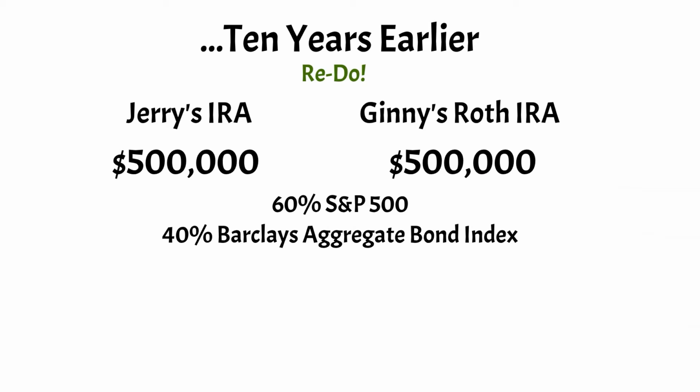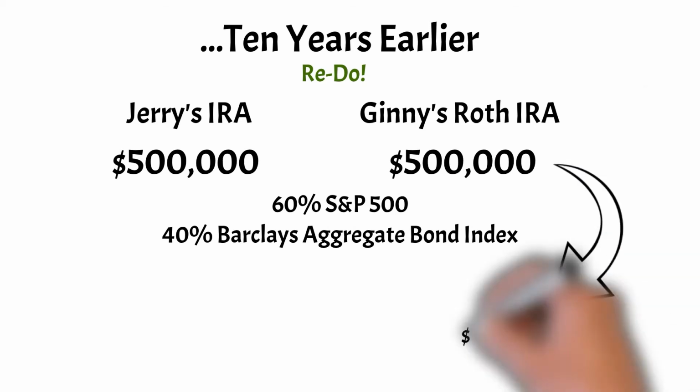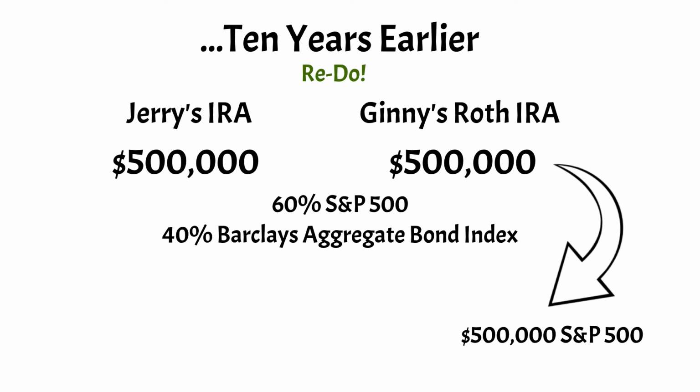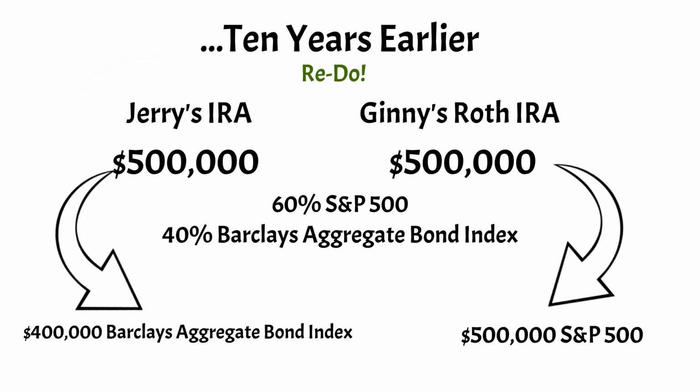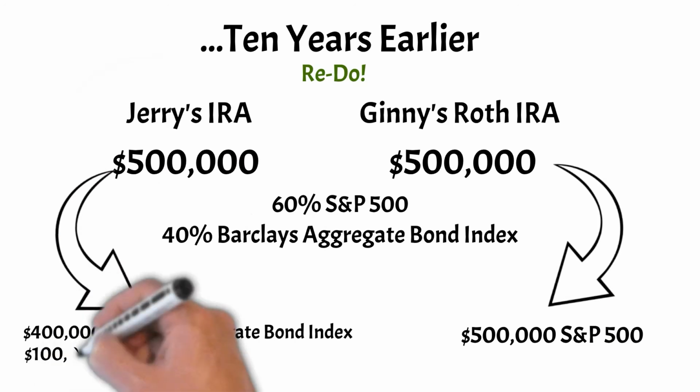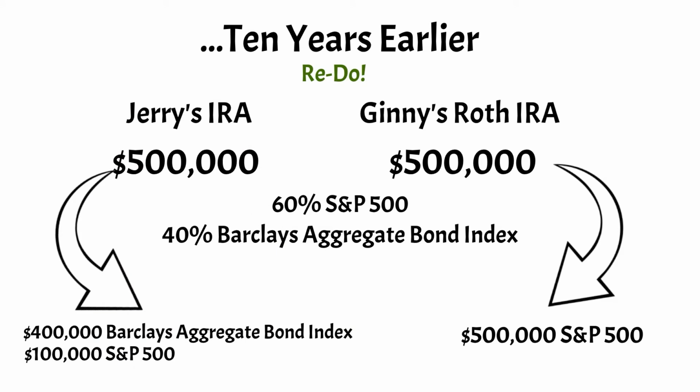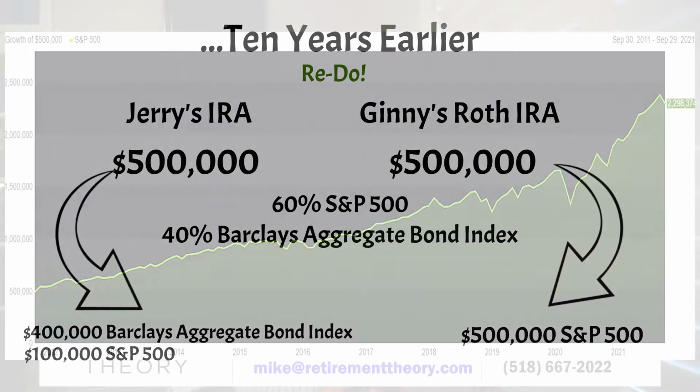So then, Ginny allocates her entire $500,000 Roth in the S&P 500, and Jerry allocates his IRA with the $400,000 of Barclays Aggregate Bond Index, along with the remaining $100,000 in the S&P 500 index. 10 years later, we still end up with the exact same total of about $3.3 million between the two accounts.